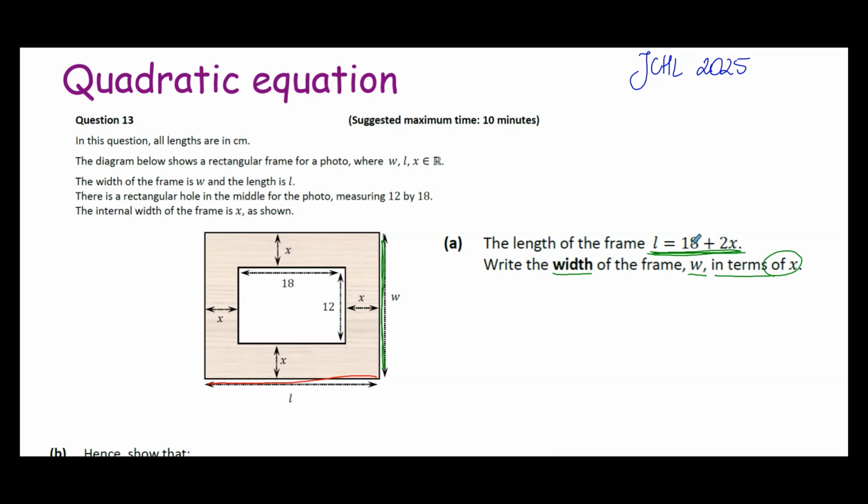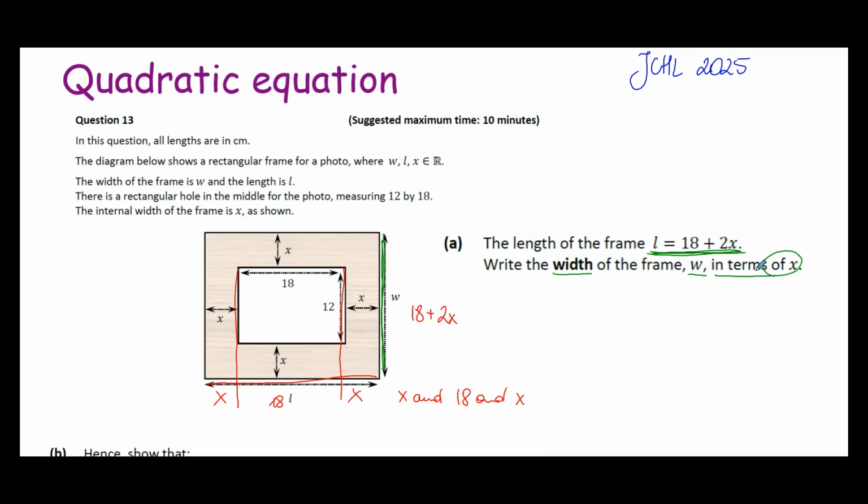There is 18 here, so this part of the length is 18. Now, this part of the length is x, and this part here is x as well. So indeed, it is x and 18 and x. Therefore, we can say it is 18 plus 2x, because that's what it means.